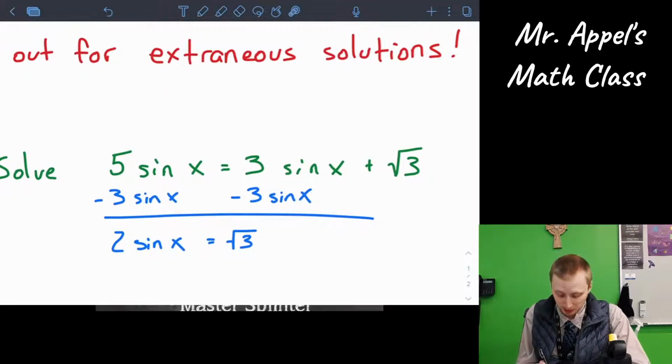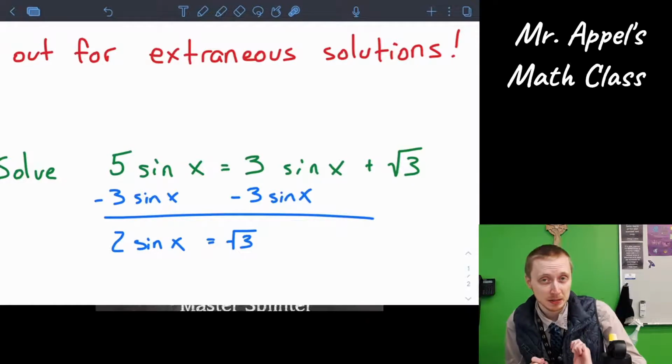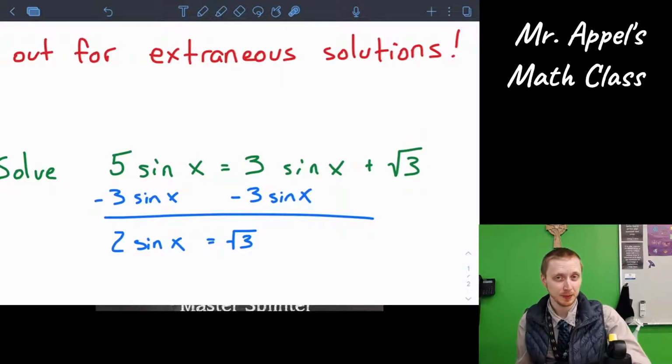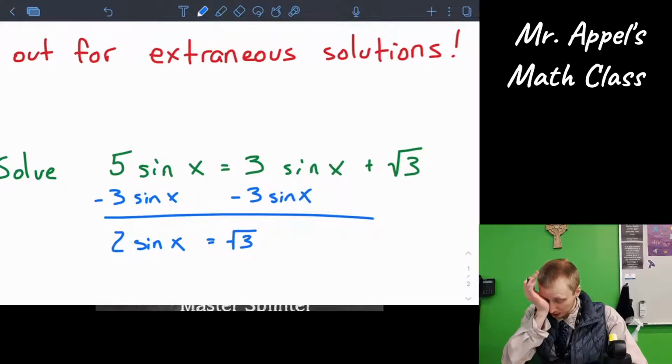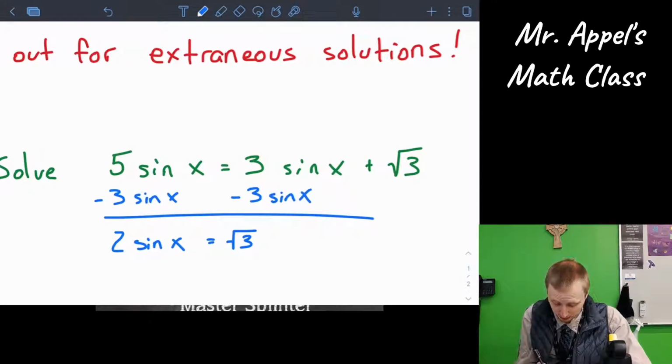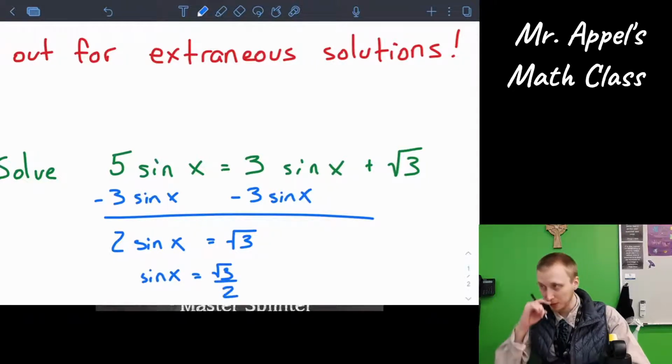Well, that helps. Now we only have the variable in one place. Now, continue to isolate the variable. Use your Algebra 1 basic equation solving skills. Divide both sides by 2. Okay, sine x equals root 3 over 2.